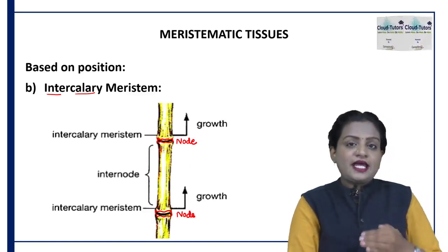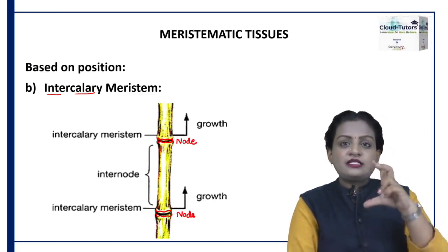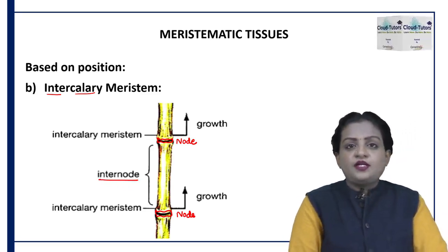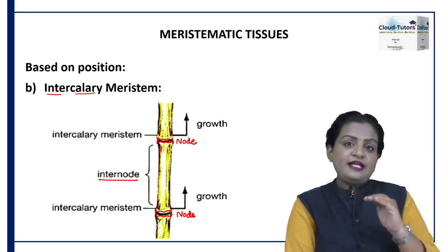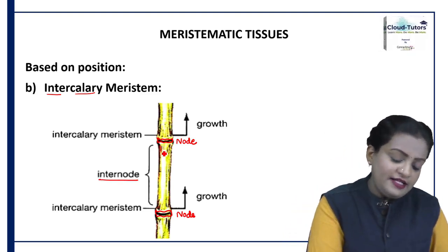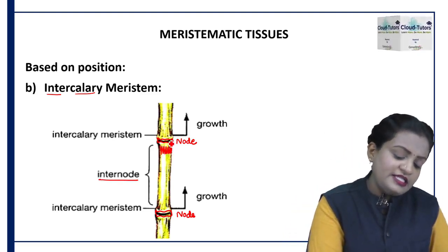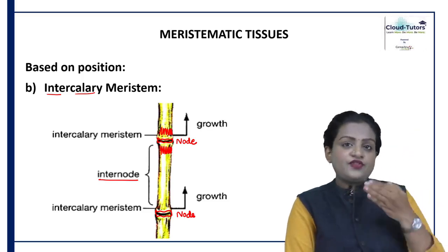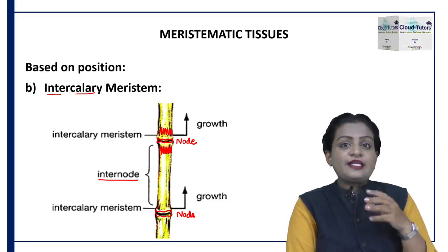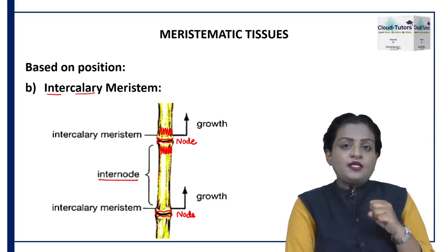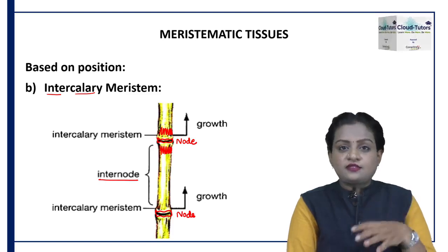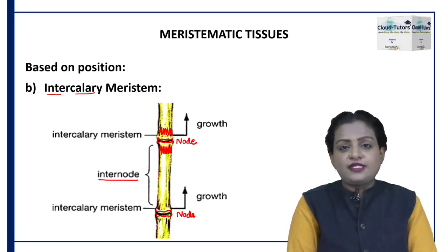On either side of the node, that means the region between two nodes, is called internode. And on either side of the node you can find the meristem, that is this. So on either side of the nodal region you can find meristematic tissues. So when these meristematic tissues divide, what happens? They add cells, they add more dividing cells to it.